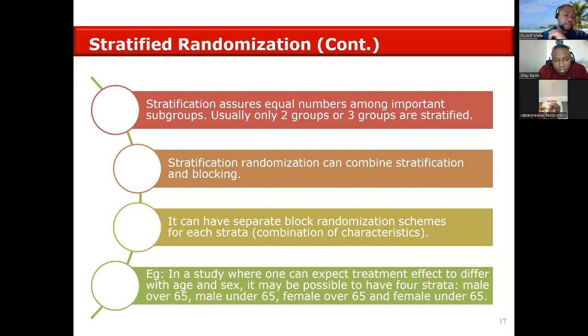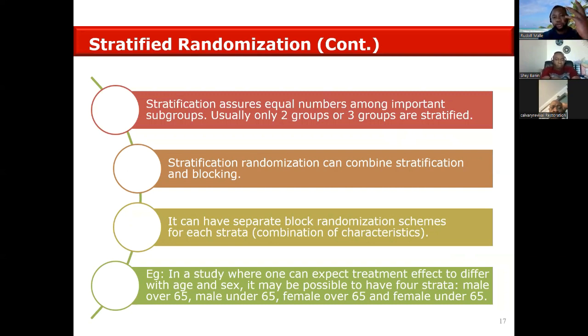Looking at the example that we have here, in a study where one can expect treatment effect to differ with age, size, and sex, it may be possible for us to have strata like male over 65, male under 65, female, and so on. So you see that there are all these possibilities, because gender is also another factor.